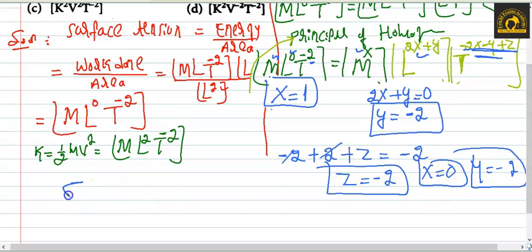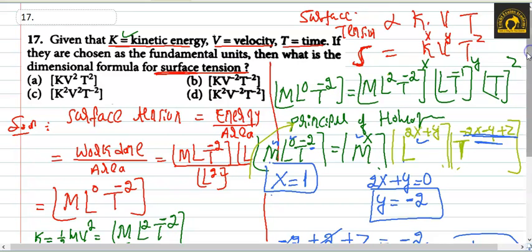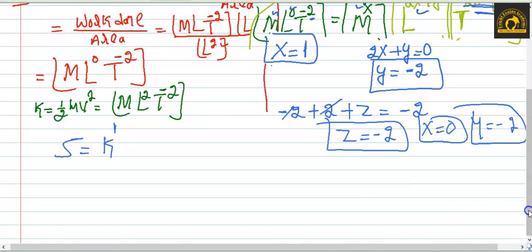So the surface tension is equal to K to the power of x, x means 1. Then the second one, V to the power of y, y value is minus 2. Then T to the power of z, z is minus 2.